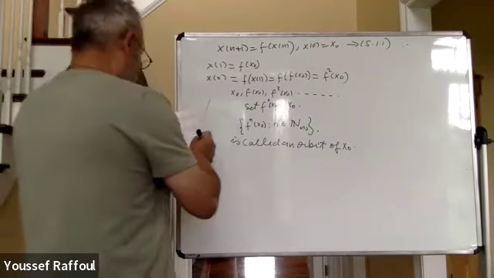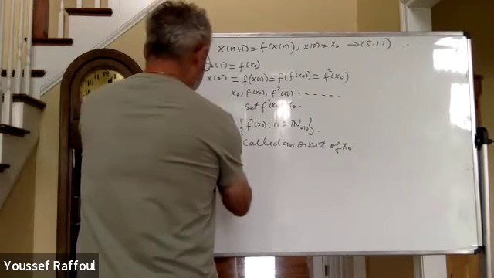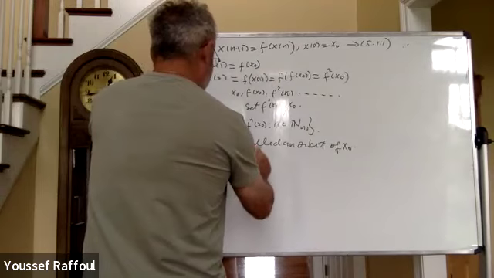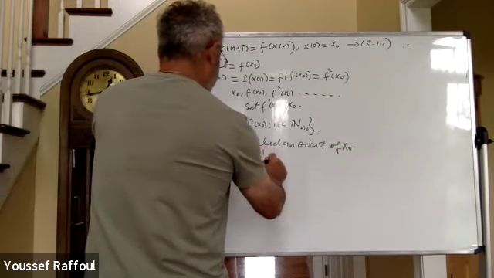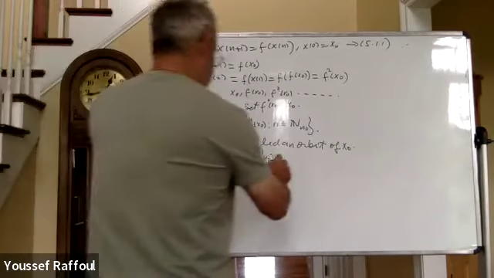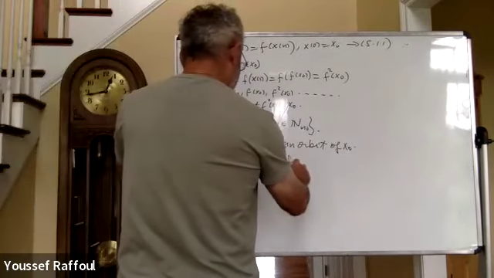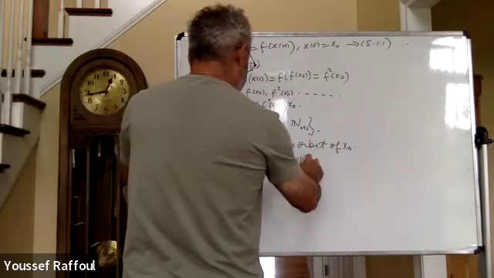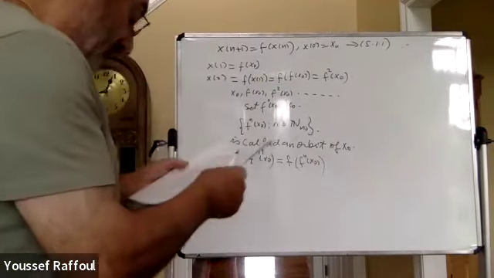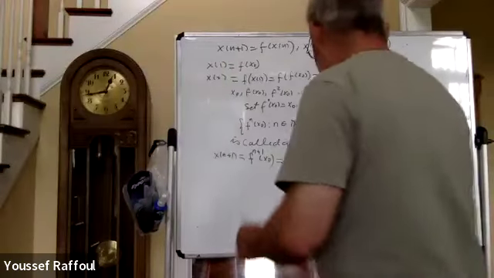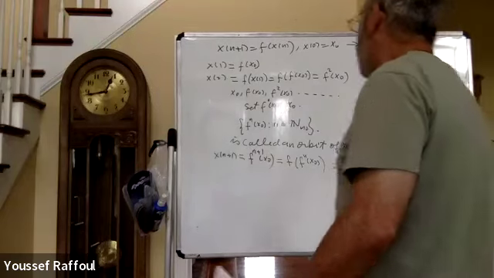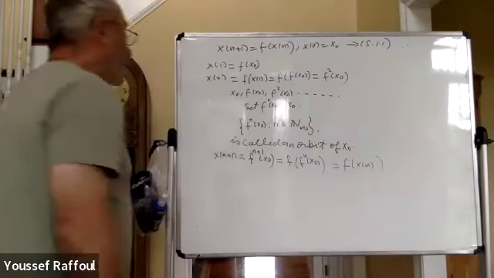So this yields x_{n+1} equal to f^{n+1}(x_0). And that is f(f^n(x_0)), and that is f(x_n).